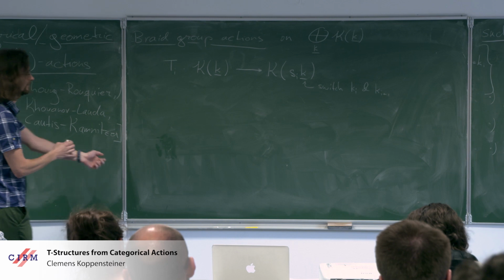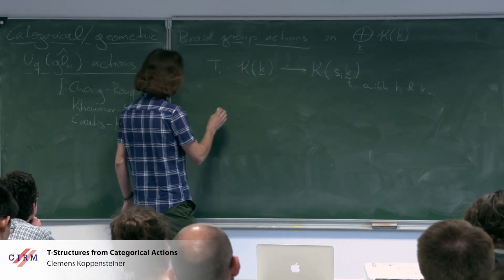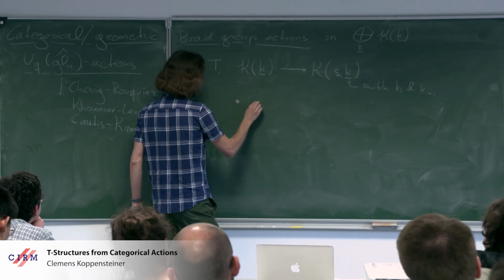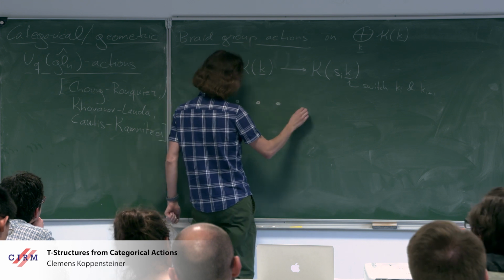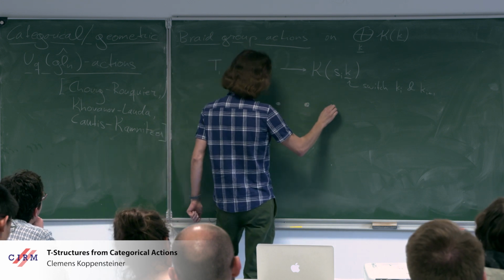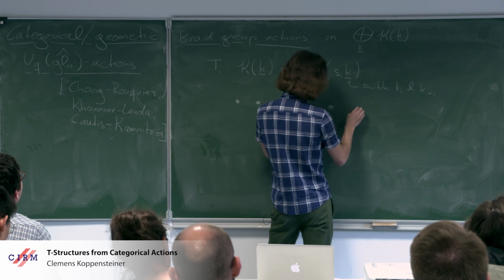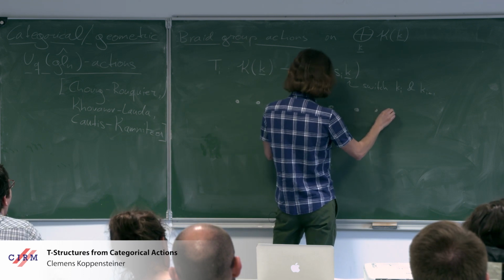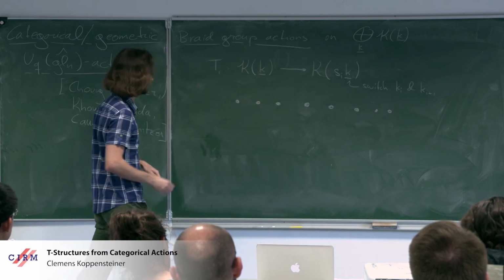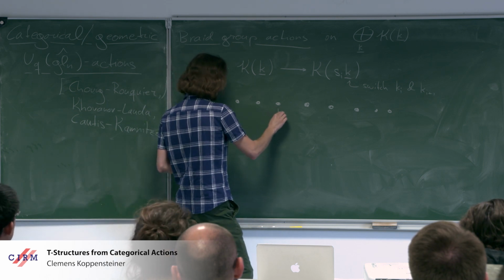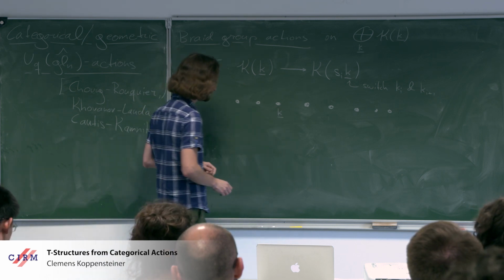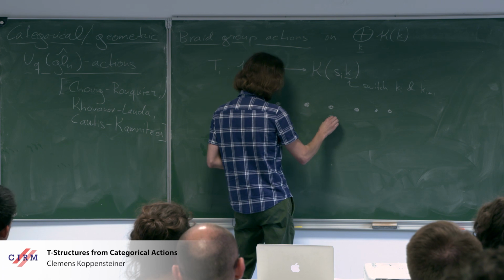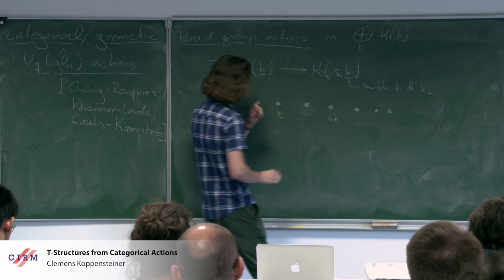Again, somewhat motivated by usual representation theory. So let me draw a diagram. 1, 2, 3. 1, 2, 3. So if, say, here is the category indexed by k, then the category indexed by Sik would be here.